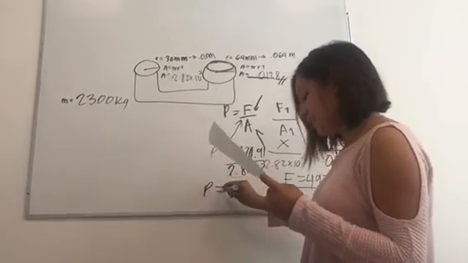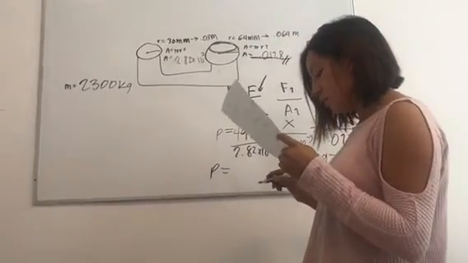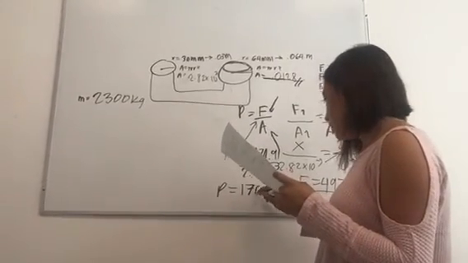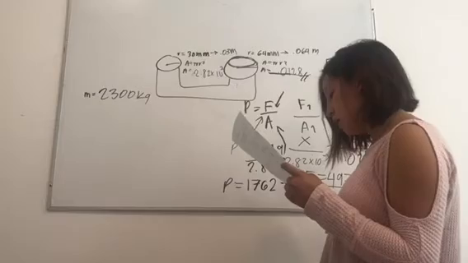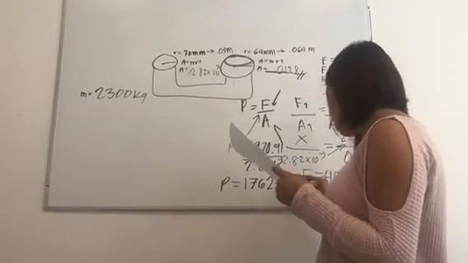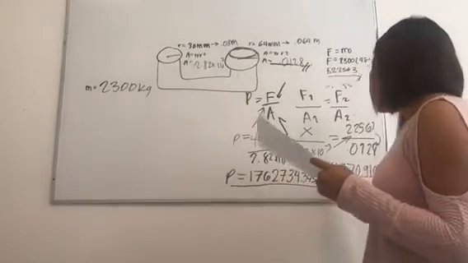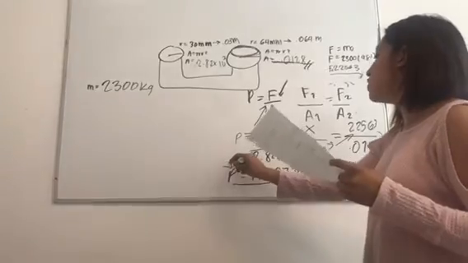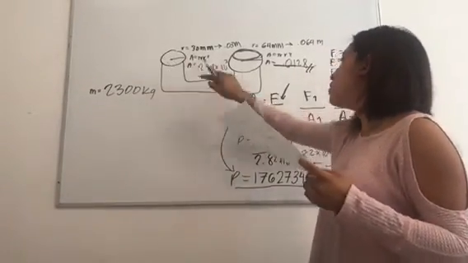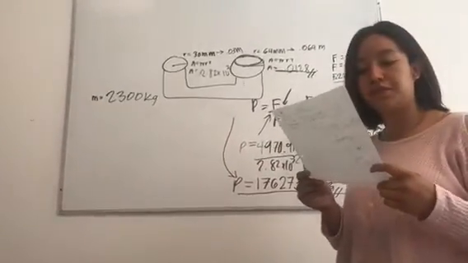The pressure is gonna be 1,762,734.375 pascals. So this is the pressure of the input piston to lift the crane of 2,300 kilograms.